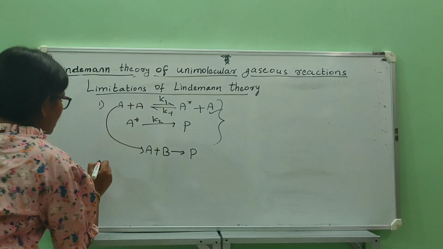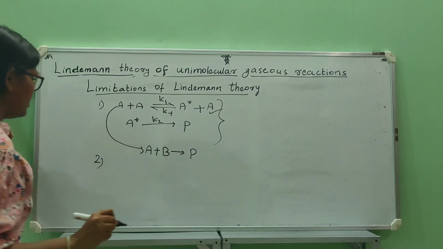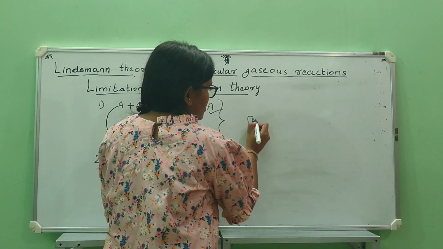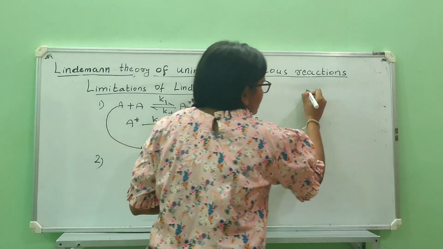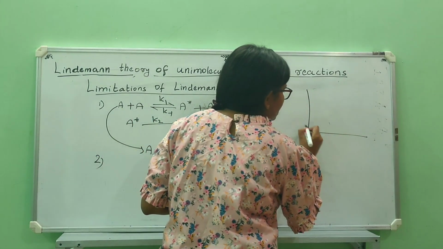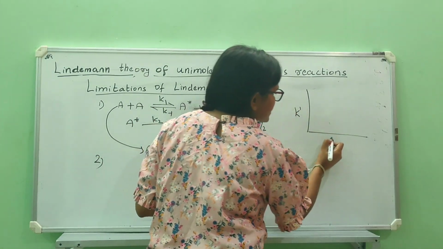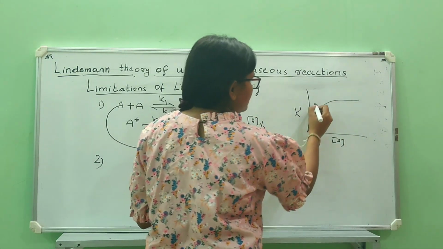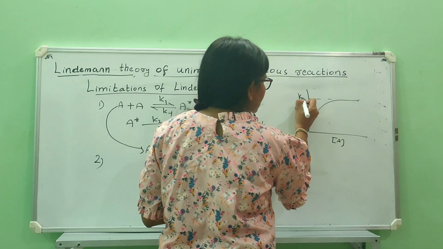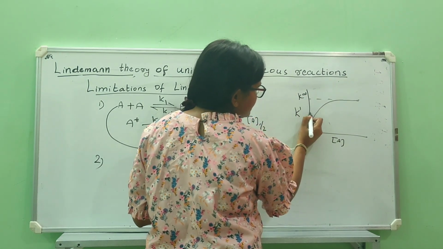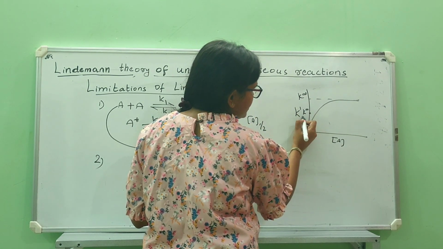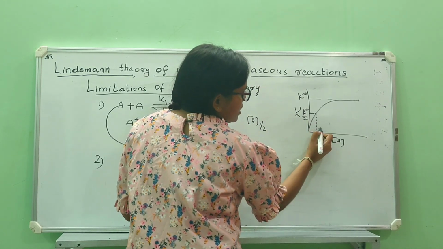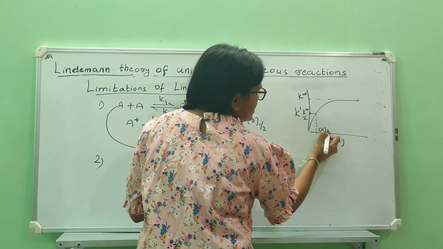Now let us see what is the second limitation. I told you about A half. So this is the graph between K effective and A. This is a hyperbolic graph. This is K infinity, and at half of this value we have K infinity by 2, and the concentration corresponding to this rate is A half.